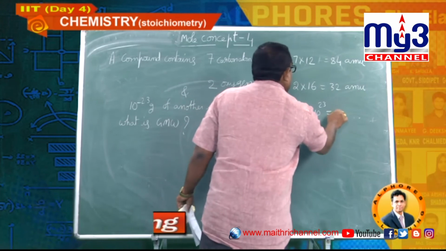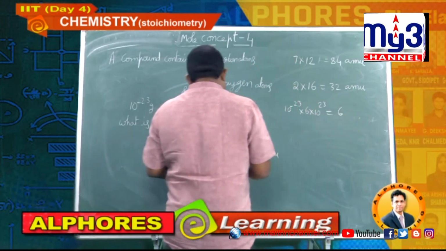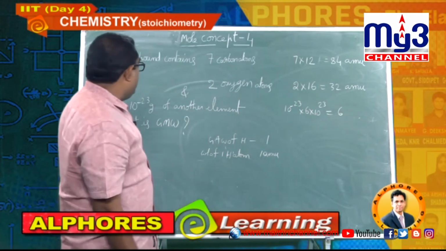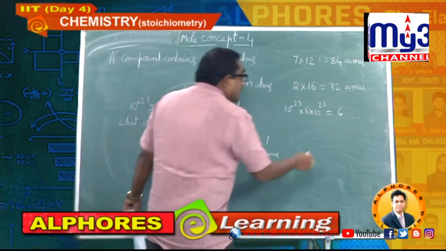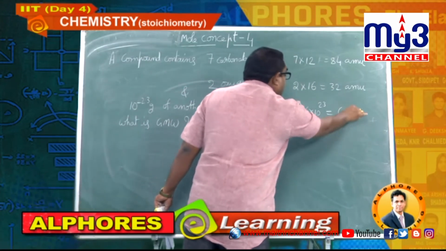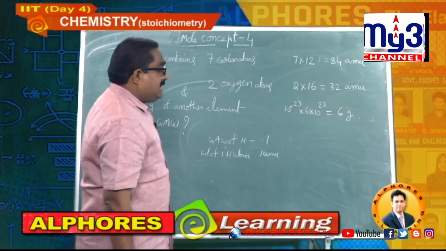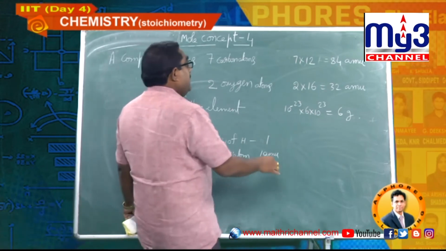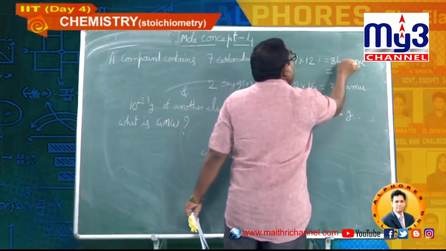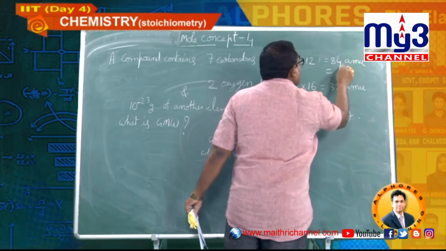Then you will have 6 grams, not AMU. 6 grams you will get, if you want to convert this into grams.